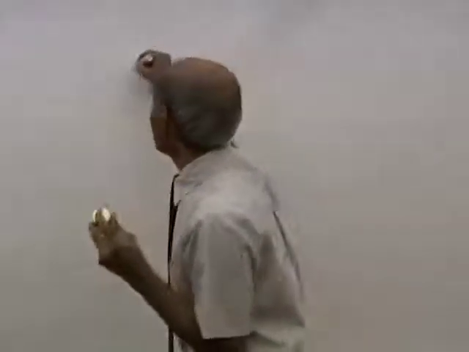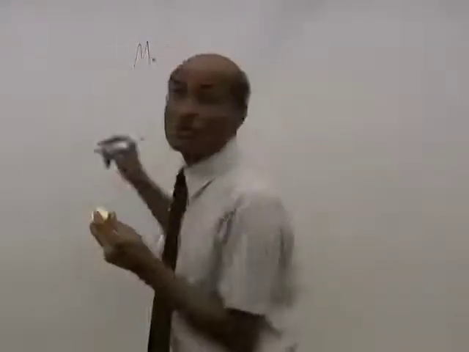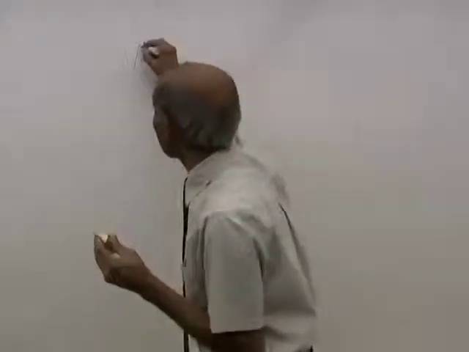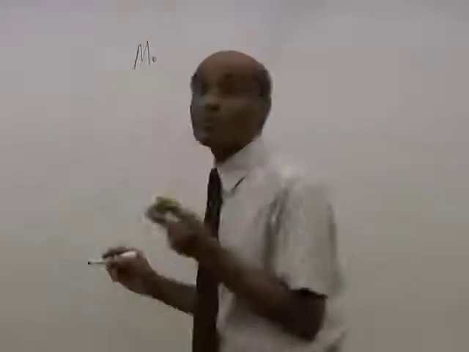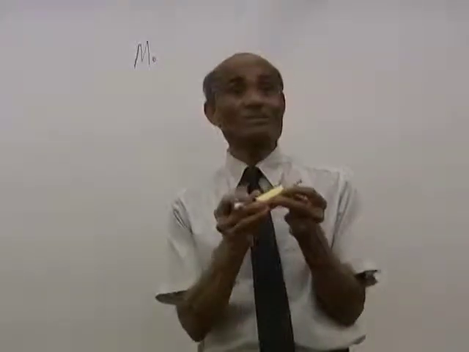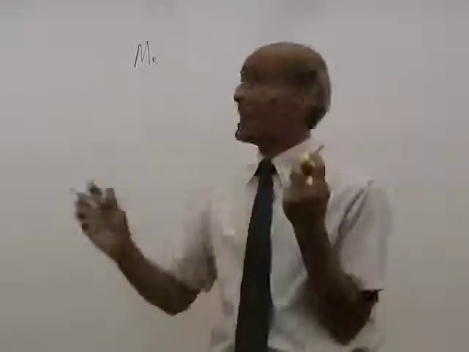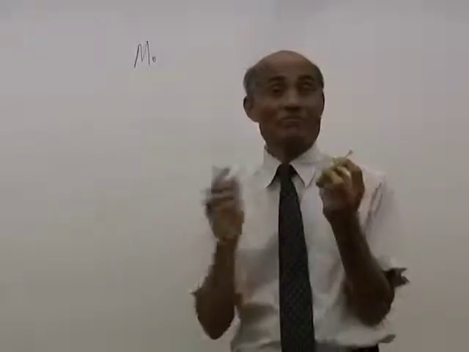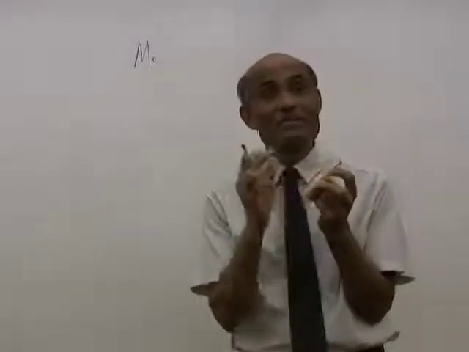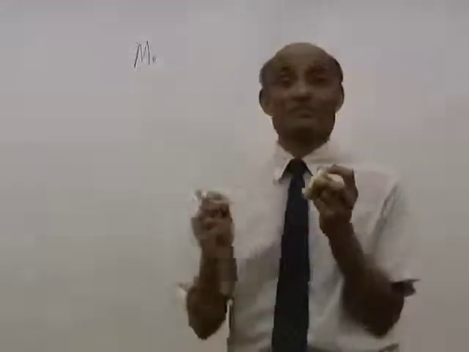Well, let's say that this is a certain mass of radioactive material, and its initial mass is m0. So we start with m0 gram of radioactive material. That means all of it is radioactive. Now, after one half-life, how much of this is still of parent X?